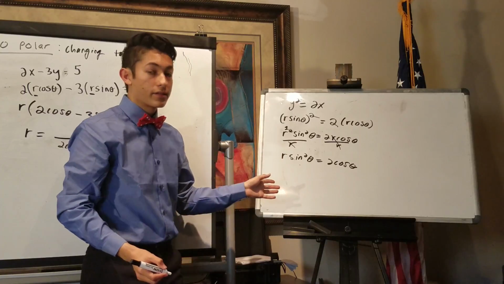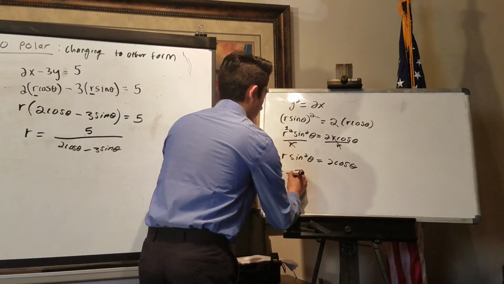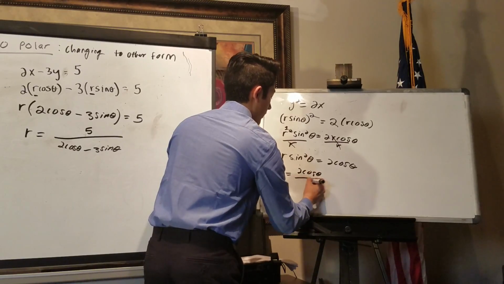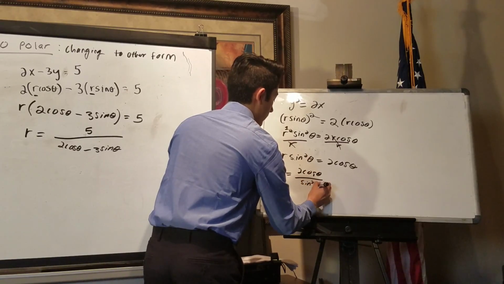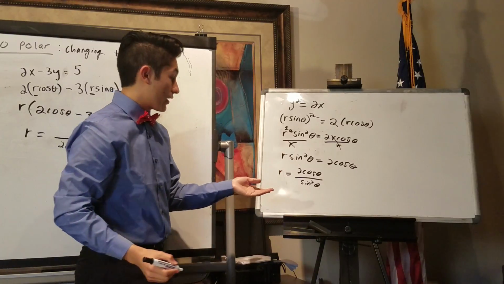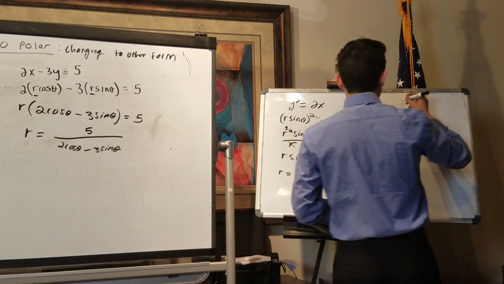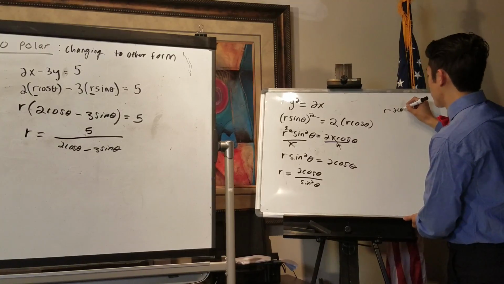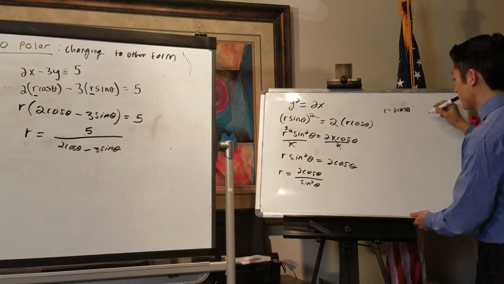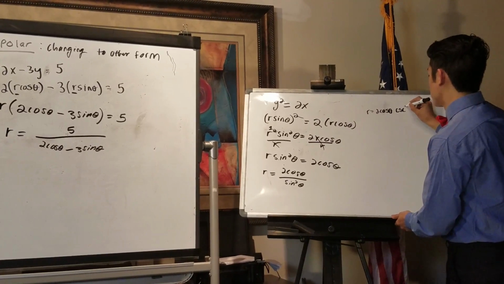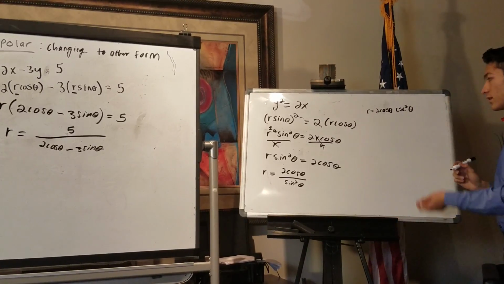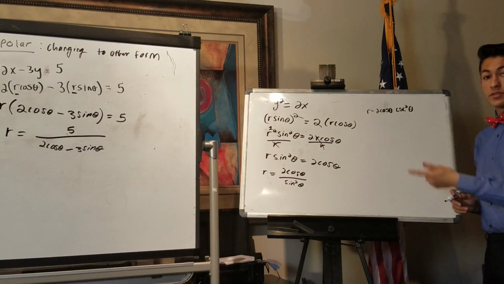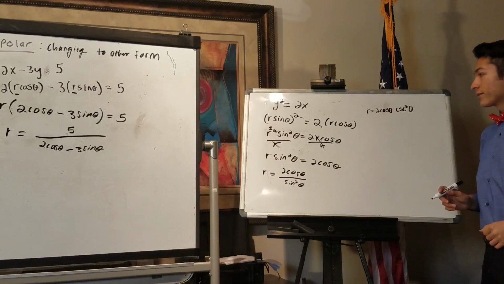Now we isolate the r, and we get r is equal to 2 cosine theta divided by sine squared theta, which can also be expressed as r equals 2 cosine theta times cosecant squared theta, since cosecant is 1 over sine theta, and cosecant squared would just be 1 over sine squared theta.